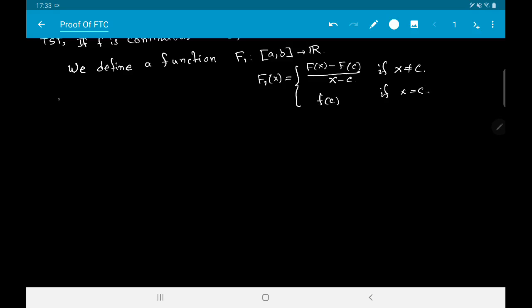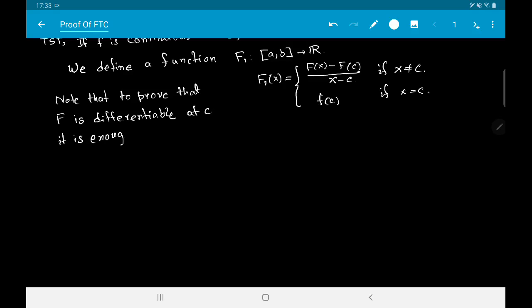So note that to prove that F is differentiable at c, it is enough to show that F1 is continuous at c.